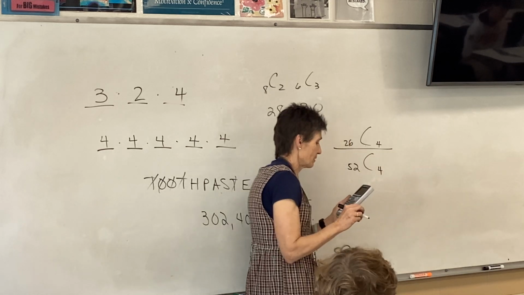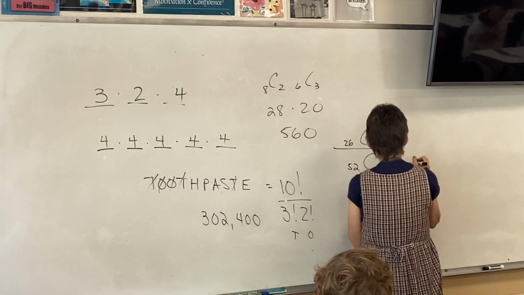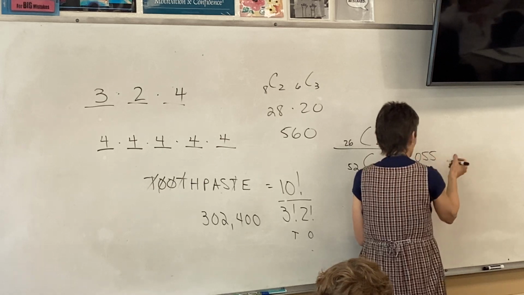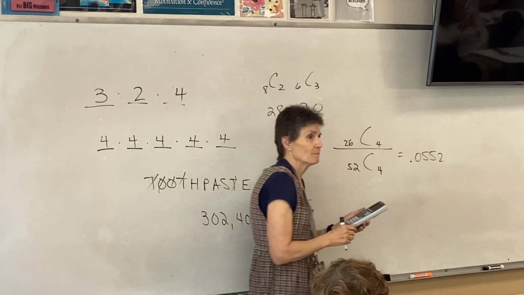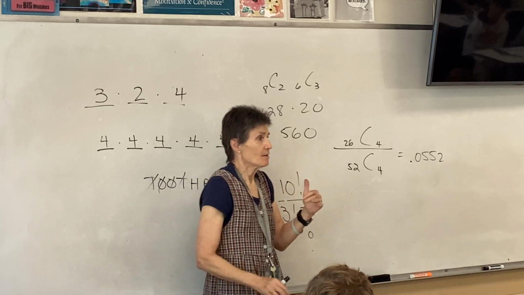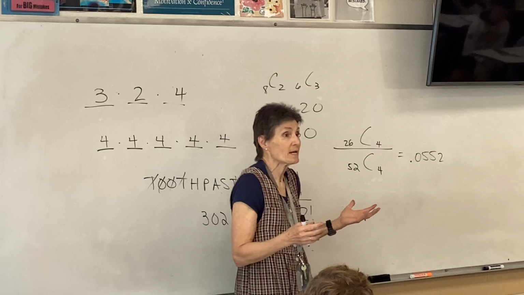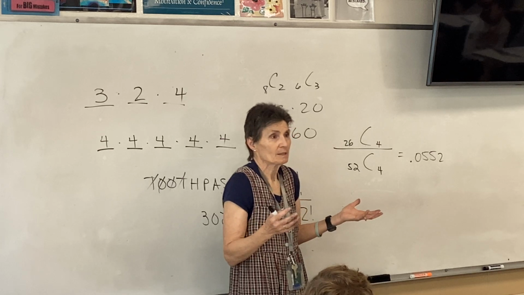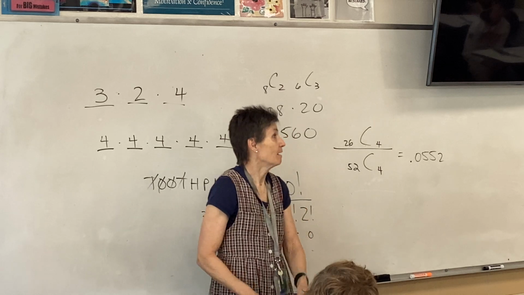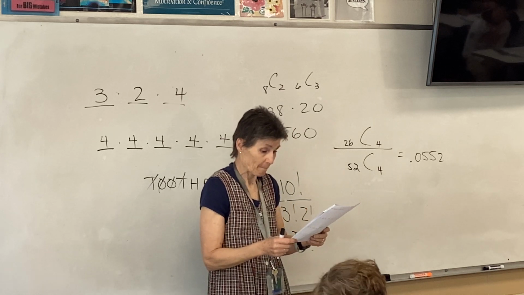Did you get .055? Check it out. So what that means is there's about a 5.5% chance that if I hand you 4 cards, you have a 5.5% chance of getting all red.